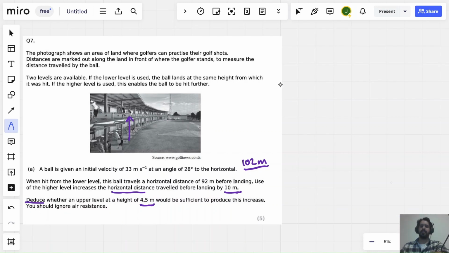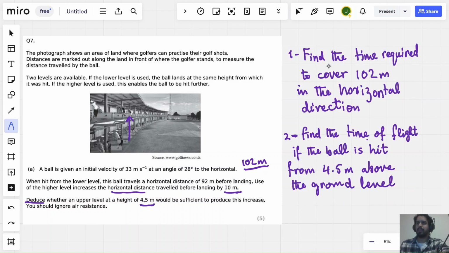Now that we understand that the question has to do with time, we can make a plan or a strategy to solve this question, and our plan will be as follows. The first step will be to find the time required to cover 102 meters in the horizontal direction. The second step will be to find the time of flight if the ball is hit from 4.5 meters above the ground level.